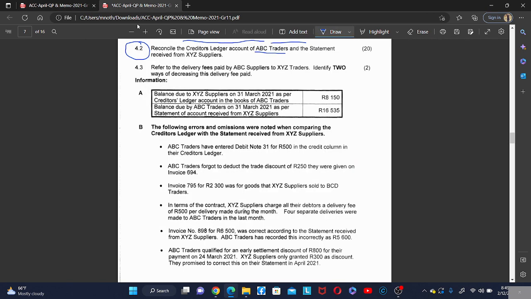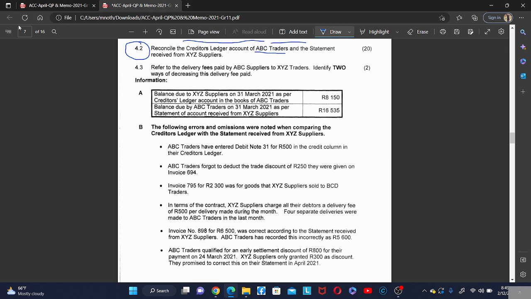So according to the information provided, the balance due to XY suppliers on 31 March 2021 as per creditors ledger account in the books of ABC traders is 8,150.